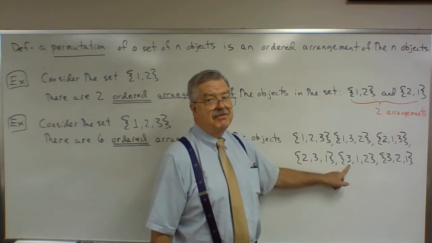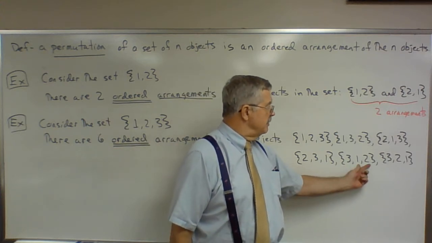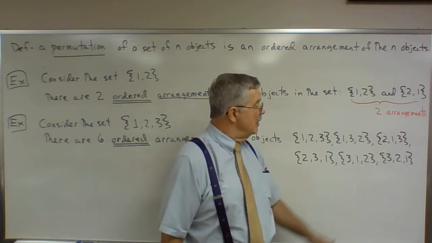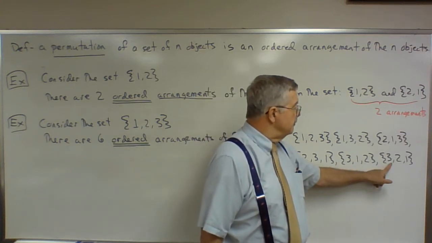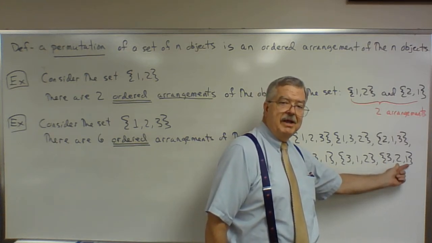Well, maybe 1 isn't the first element, maybe 2 isn't the first element. Maybe 3 is the first element. And if 3 is the first element, we can take the remaining elements and order them this way, 1 and 2. Or if 3 is the first element, we can take the remaining 2 elements and order them this way, 2 and 1.